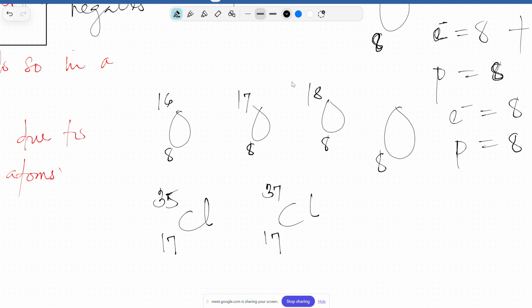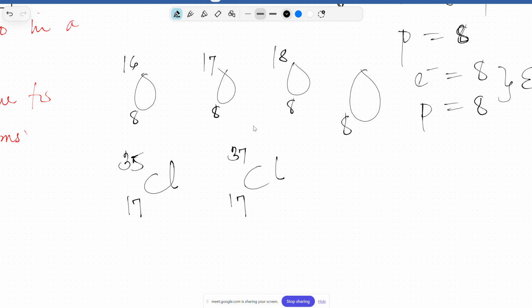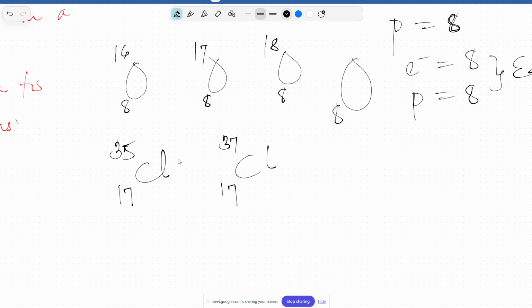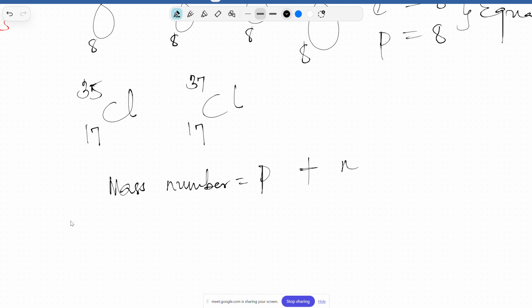This implies that because of these differences, they must have a difference in what? Remember that mass number is the summation of proton number and what? Neutron number. So suppose the proton number is fixed.